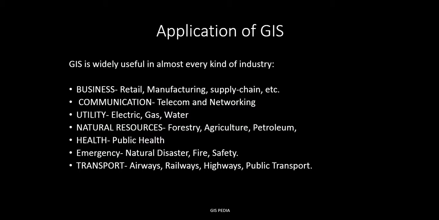Communication applications include telecom and networking. In utilities, we can create electric, gas, and water networks to represent the spatial features. Also in natural resources, GIS is widely used in forestry, agriculture, petroleum, and likewise.